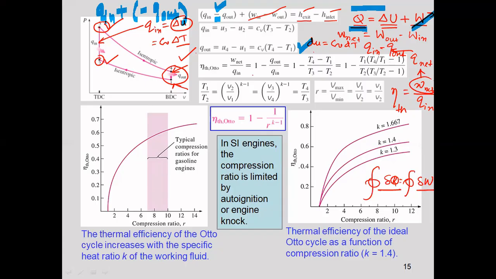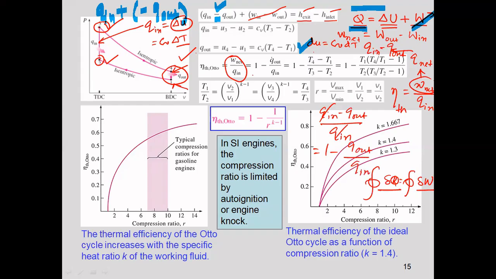Therefore, what will the efficiency become? The efficiency is W net by Q in. Now, W net means Q in minus Q out, and it is divided by Q in. So Q in cancels, and it becomes 1 minus Q out by Q in.